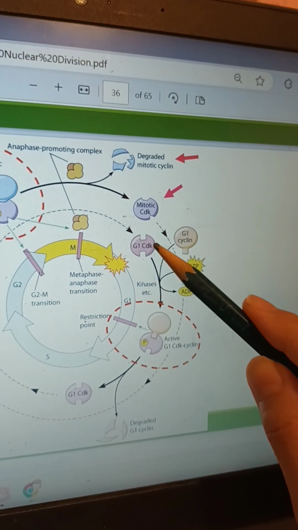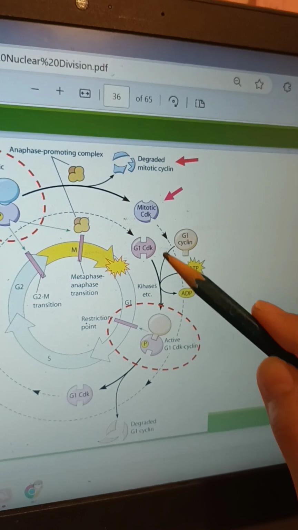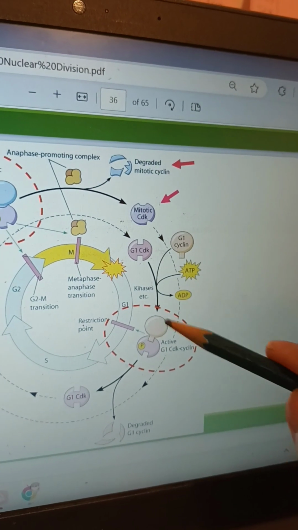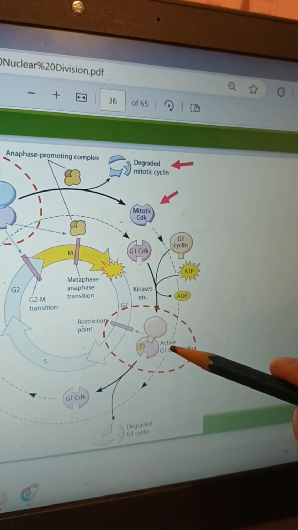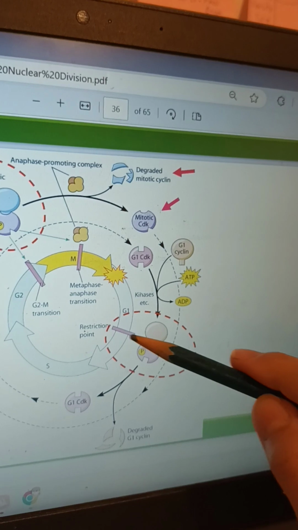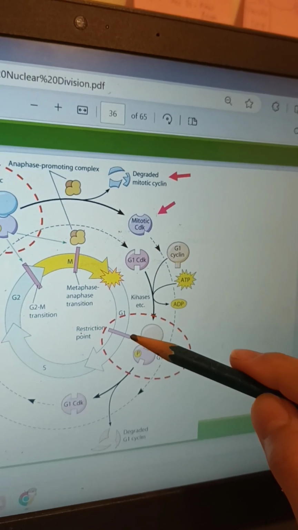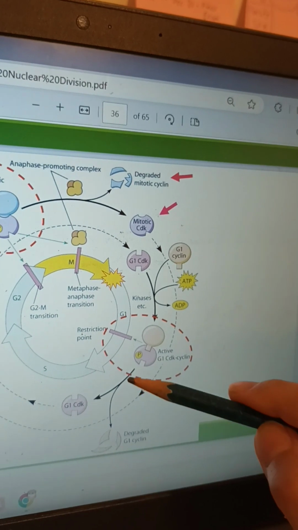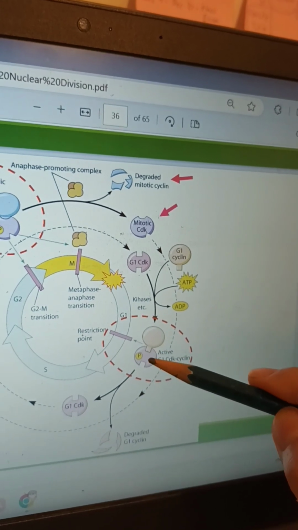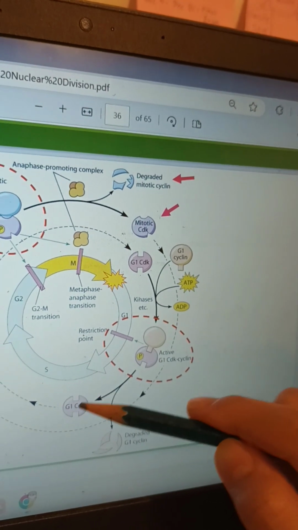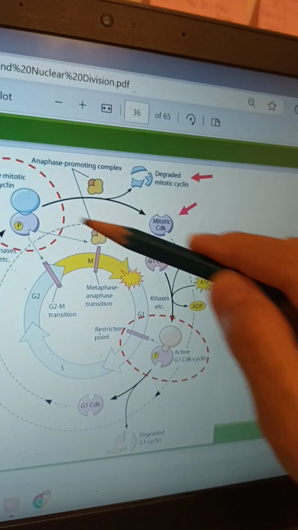When this CDK and cyclin combine, they become active, and we also use ATP, by the way. Here is an active G1 CDK-cyclin. It becomes active, and it works here. As soon as G1 is finished, cyclin detaches from the CDK and is degraded, and CDK is recycled.